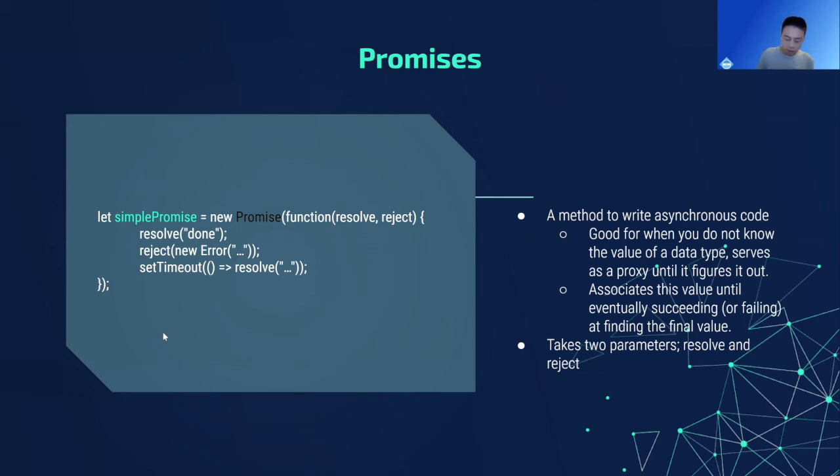So over here, you have your resolve and reject, and in this case, when it's resolved, it prints out done. If there's an error and it can't be completed, it gives you an error message. You can also set a timeout for if it takes too long, and just have it resolve with what you want.